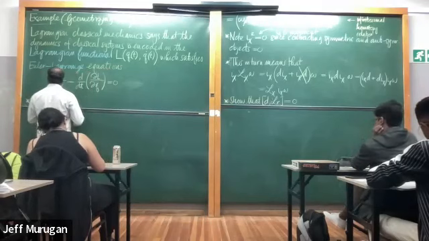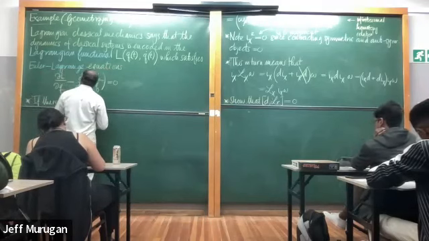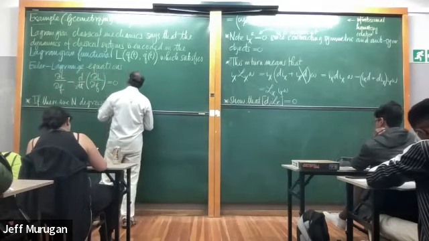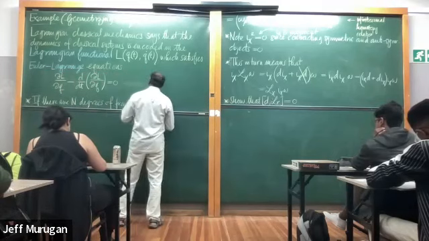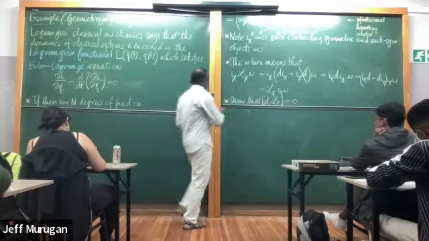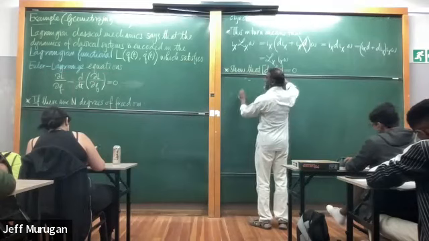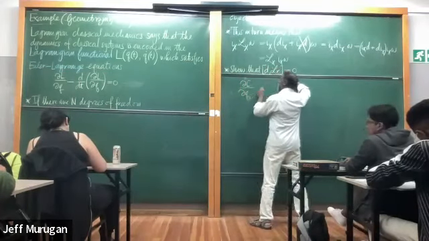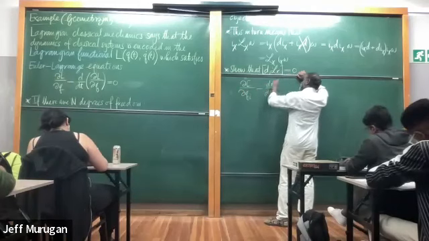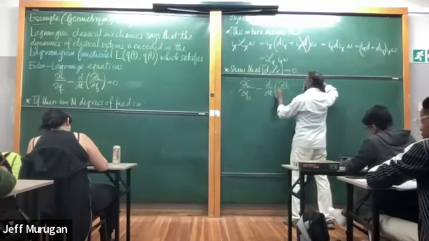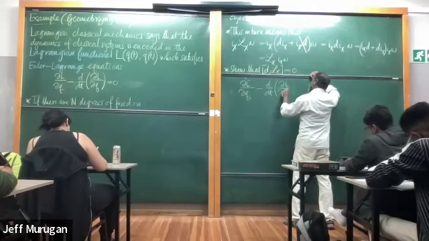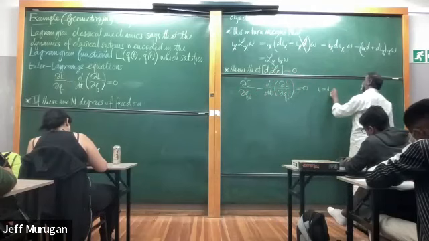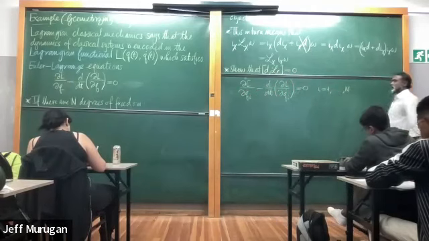We have n such equations: dL by dq_i minus d by dt of dL by dq_i dot equals 0, where i goes from 1 to n.